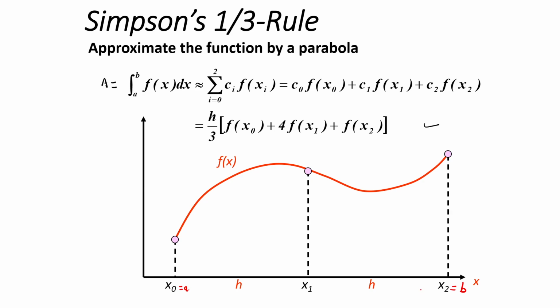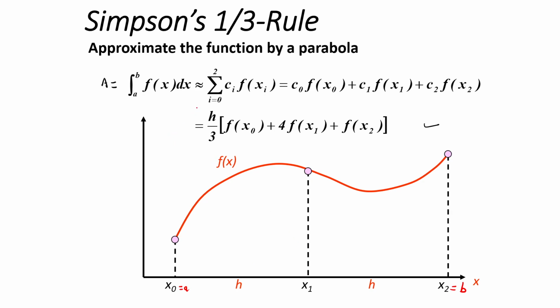And by using Simpson 1/3 rule, it is approximated by the formula h/3, where h is the interval, which is x1 minus x0 or x2 minus x1. You have the consistent h.